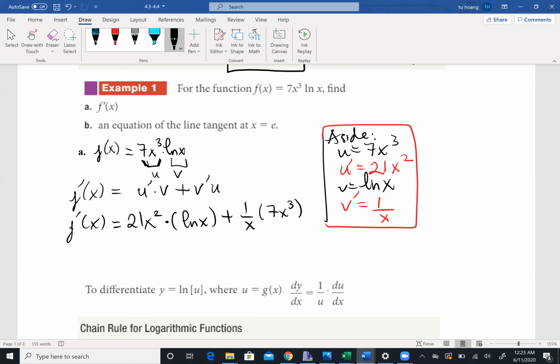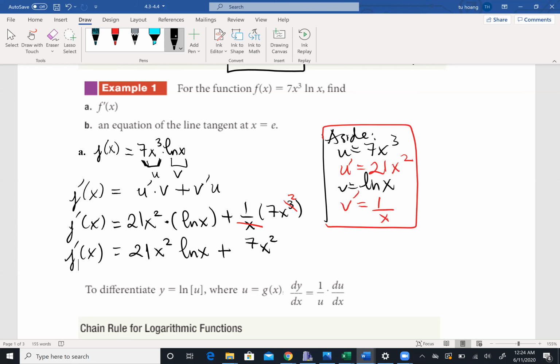And now time to combine or simplify things. You cannot combine the polynomial with the ln, so you have to keep 21x squared times ln x, and then plus 1 over x times 7x cubed gets simplified as x goes away, and you get 7x squared.